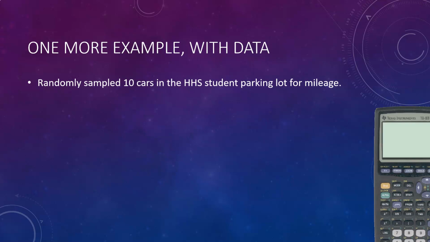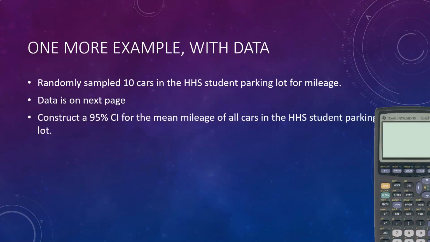Let's suppose that I randomly sampled 10 cars in the Hoover High School parking lot and looked at their odometer to see how many miles were on the car. The data is on the next page, and we are going to construct a 95% confidence interval.